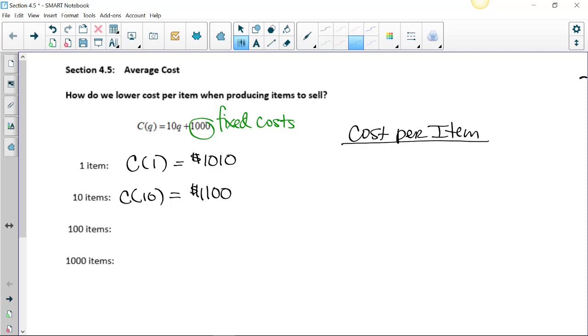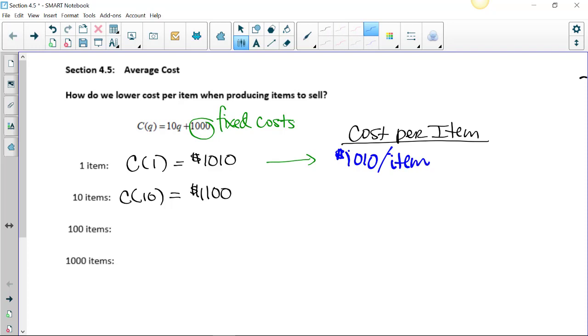Well, if we're producing one item and our total cost is $1,010, then it's costing us $1,010 per item. So that's pretty expensive.